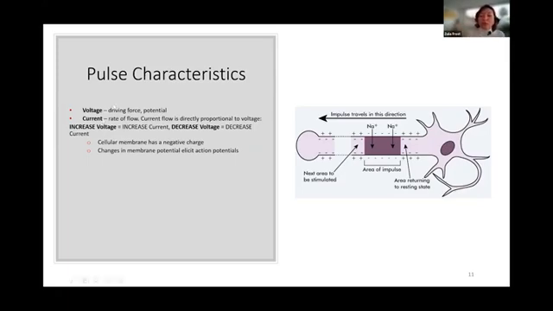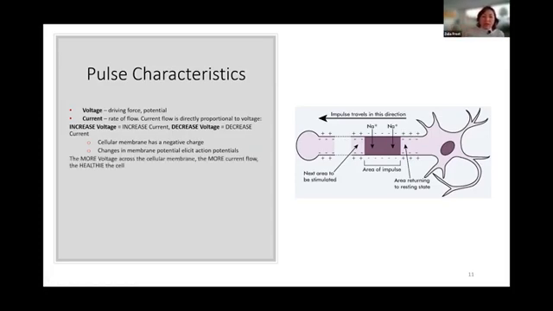It's interesting to know that when we increase voltage or potential across the cellular membrane, the current increases, so the strength of the current goes stronger. We decrease voltage, there is a decrease of current. This has clinical meaning, so I want you to remember this. The cellular membrane in a normal state has a negative charge until it starts conveying the impulse.